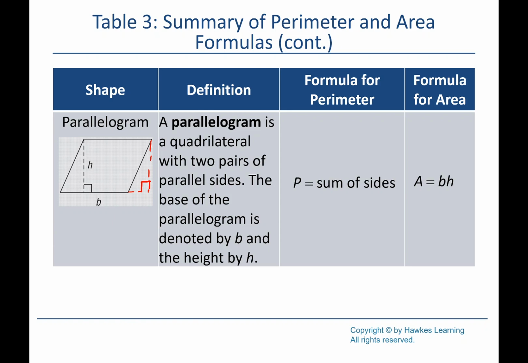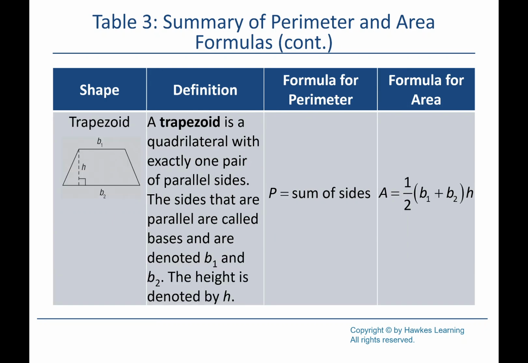And then one more. This formula is less useful in my opinion, but you can use it if you want to. It's the area of a trapezoid. A trapezoid is four-sided, with two sides that are parallel.